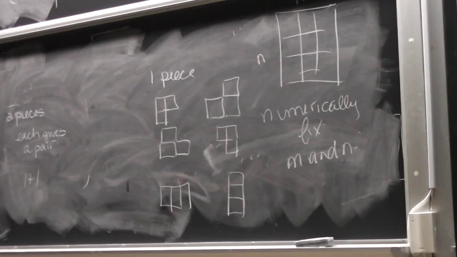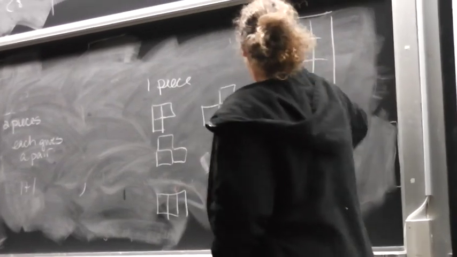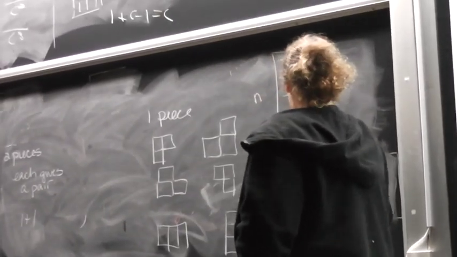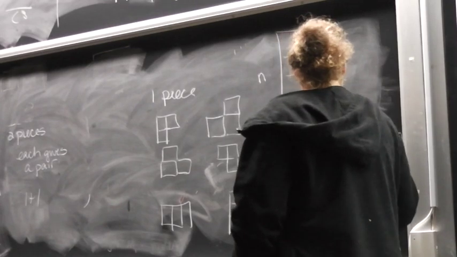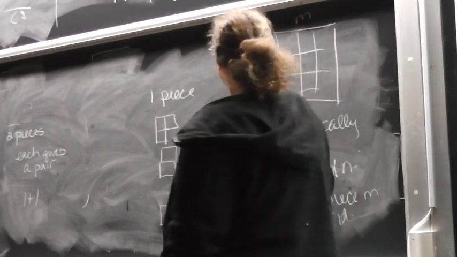I'm sorry. Okay, so now that we had that faux pas, I just want to say, if you have a single piece, you can numerically fix M and N, and you can count the number of ways to put the piece in the grid. And then you can solve for a placement polynomial.